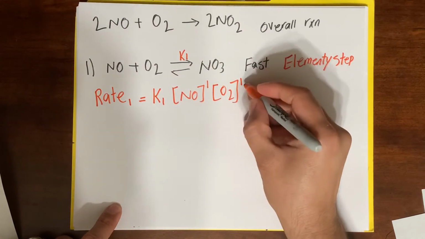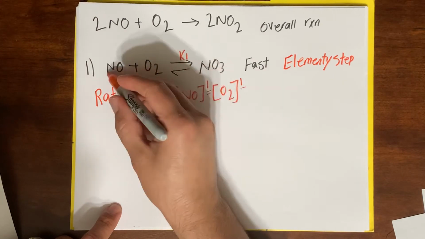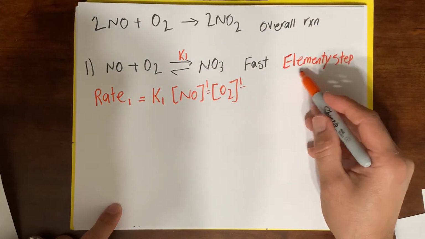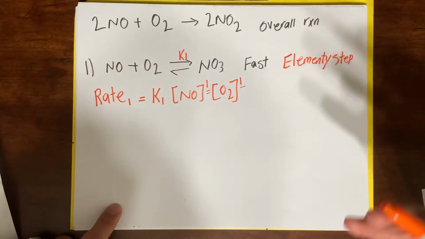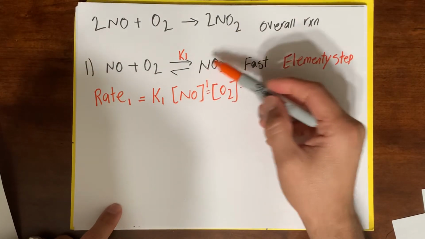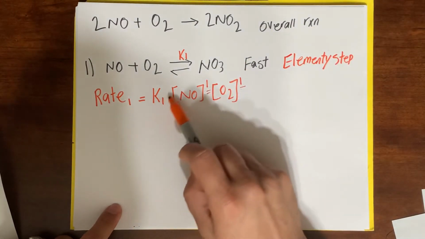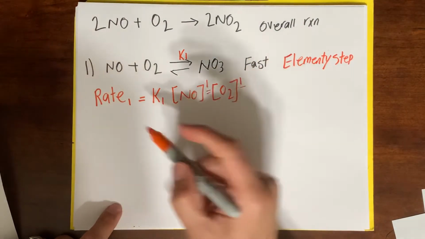I'm reading this one and that one through the coefficients. That's a nice thing with the elementary steps. If somebody gave you enough info and it broke the reaction, the overall reaction, to steps of the mechanism, then you can determine the rate law for each step.